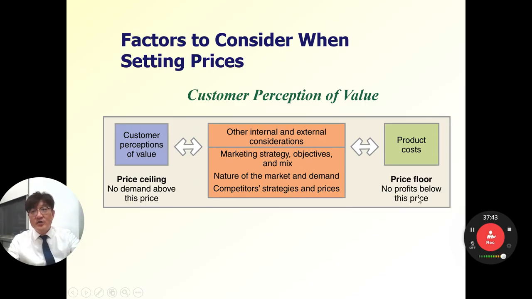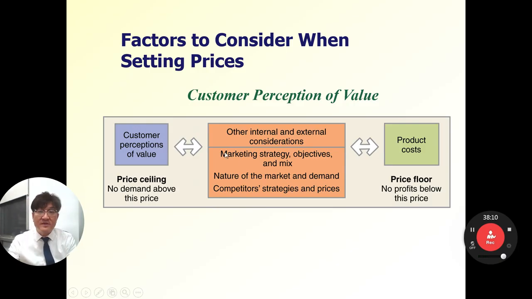So the value the customers perceive works as the price ceiling, and your cost works as the price floor. Your price is going to be decided between these two points, considering other factors such as your marketing strategy, competition, the nature of the market and demand, and so on.